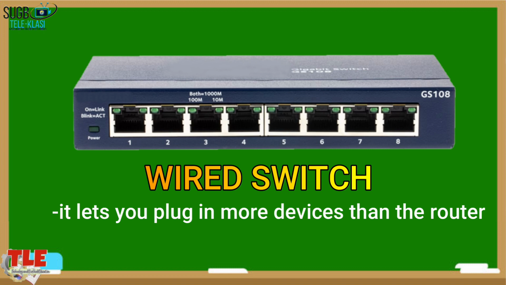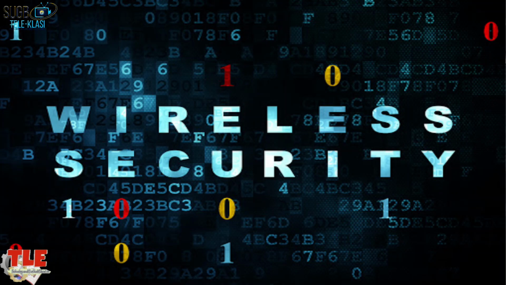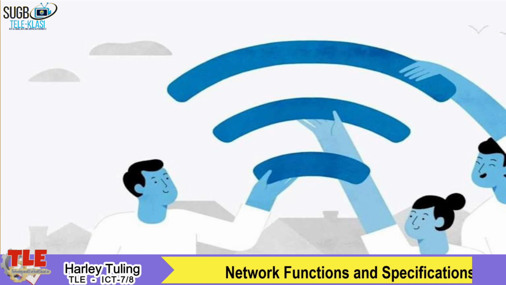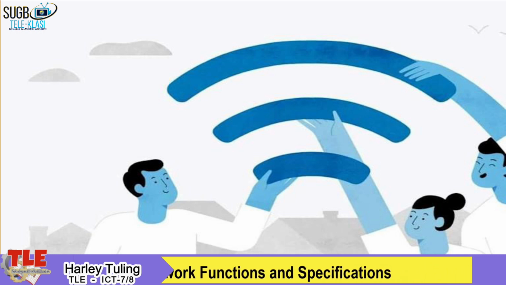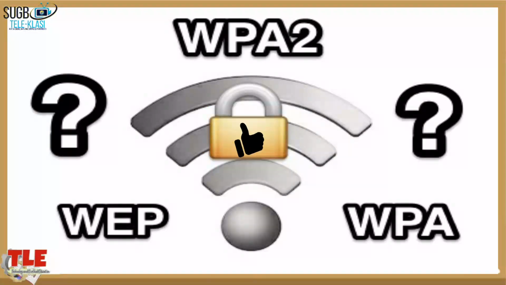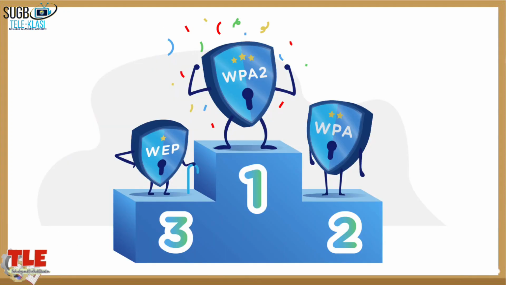originally allowed. Wireless security. Unless you do not mind strangers eating your bandwidth and potentially accessing your network files, you should always protect your wireless network with a password. WPA2 is currently the most secure type of wireless encryption, so make sure you use WPA2 if you can.